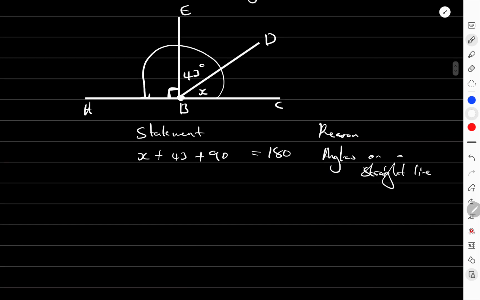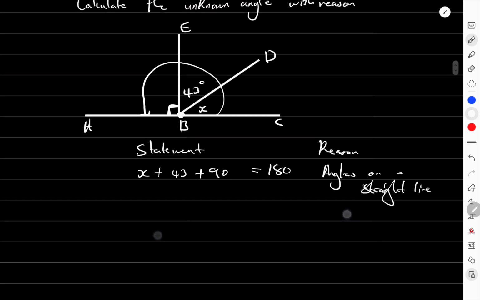After doing this, it takes us to algebraic equations, whereby I have to group my like terms together. This 43 and this 90 are like terms, so I have a right to group my numbers together.